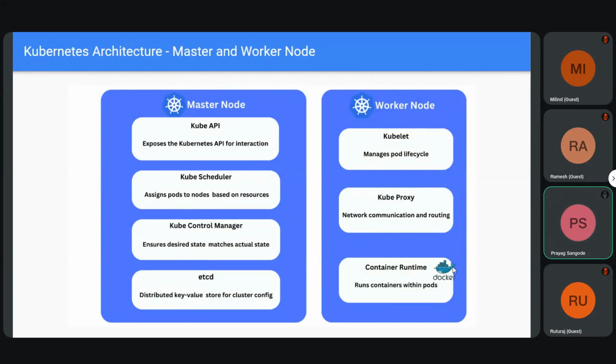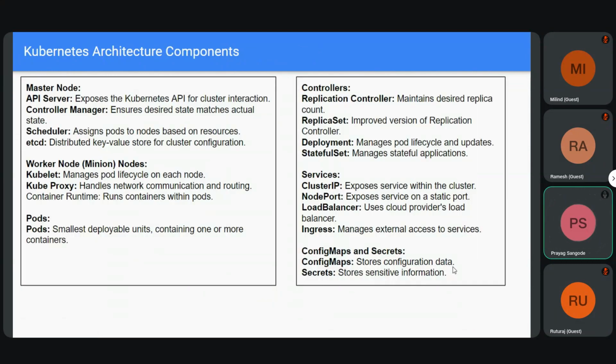But Docker is very famous, and earlier there used to be Docker only. The same thing is explained here, and this is also available in our wiki link, but still I'll explain again. The master node consists of API server, control manager, scheduler, and etcd. Then the worker node will have kubelet, kube proxy, and container runtime.